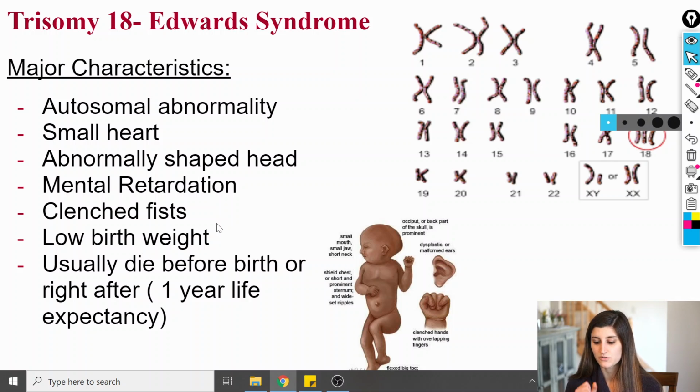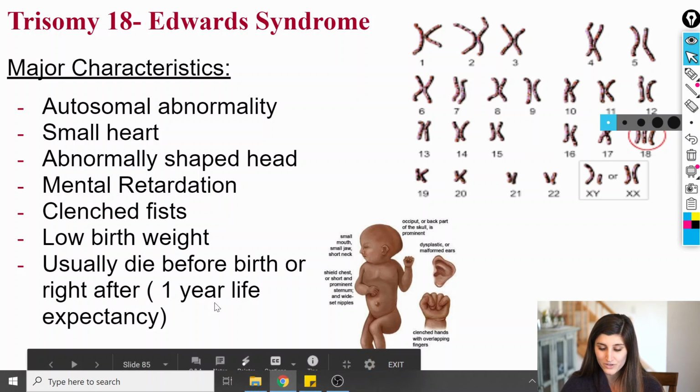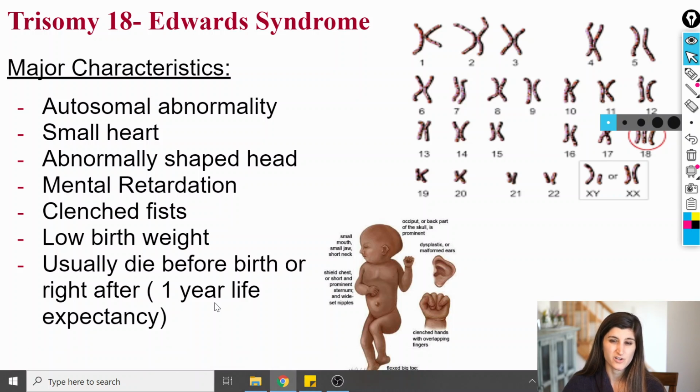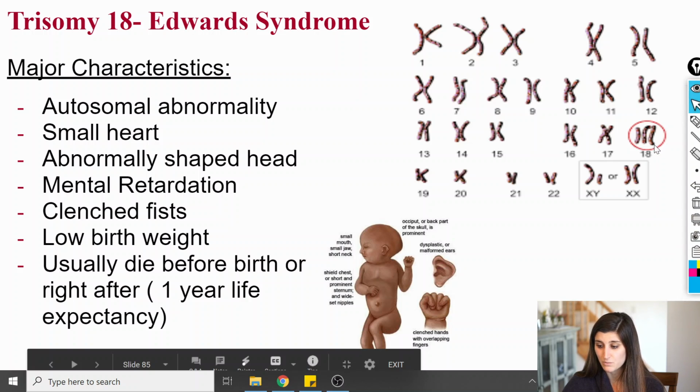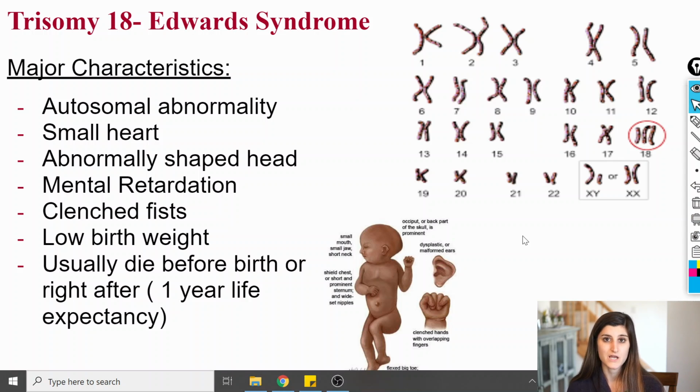I mean, most babies do clench their fists, but they really clench them and they're overlapping their fingers. Really low birth weight, and they usually will die before birth or after, and they might only live a year. So you can see that having an abnormality in your autosomes is a really big issue, and most of the time the individual cannot survive. It's just way too much genetic material.